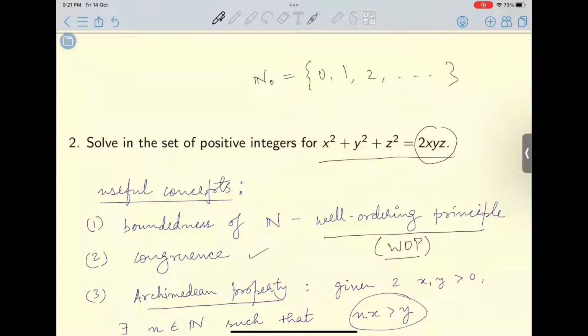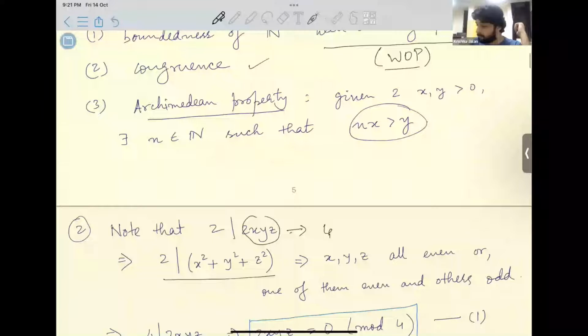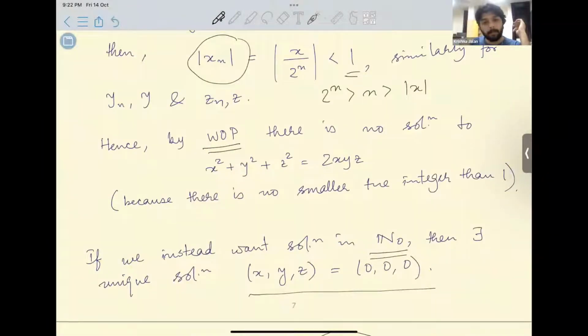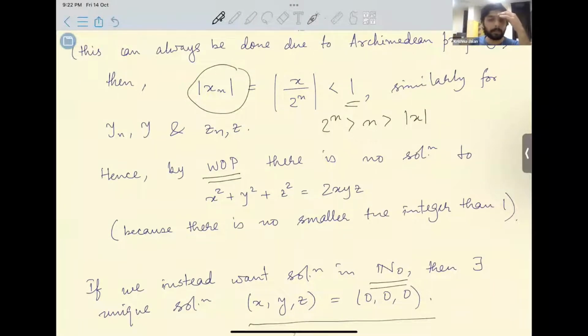Excuse me, sir. Yes. Can you show me the answer again? There is no solution in the positive integers. Do you have any doubt in any specific step? Sir, hence by WOP there is no solution to this, and I understood. Yes, so you find that xn has to be less than 1, right?